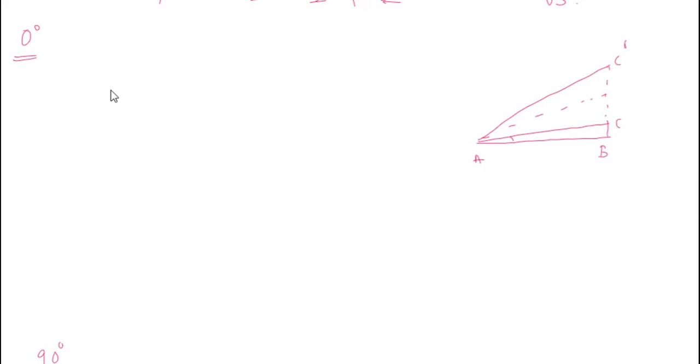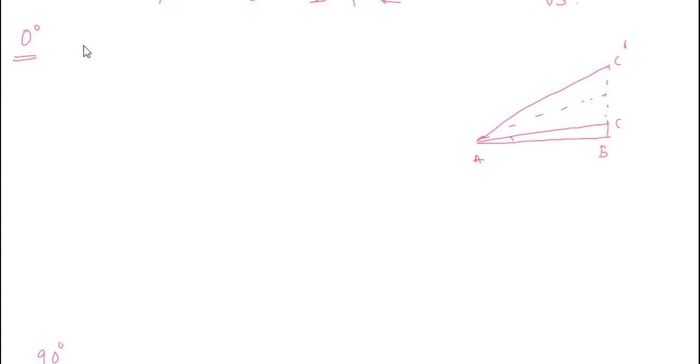Now about 0 degree. Let us take this triangle AC'B. We are going to consider the angle A. As C' keeps moving down, the angle A starts decreasing, and when C' coincides with B, the angle A will be 0.